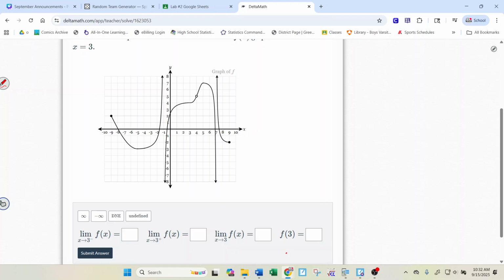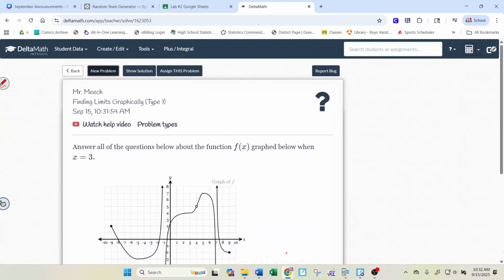What is the functional value at 3? Does the limit at 3 exist? It's also 4. Because if your left and your right are the same, then by theorem Bob, the limit at that point is also the same. So for the last one, then it wouldn't exist.